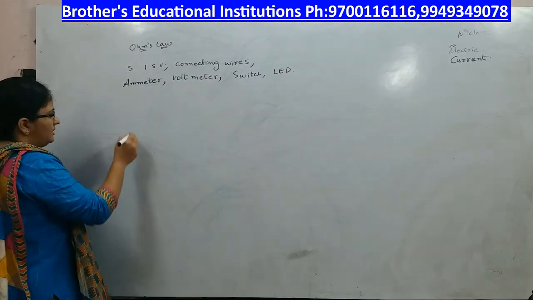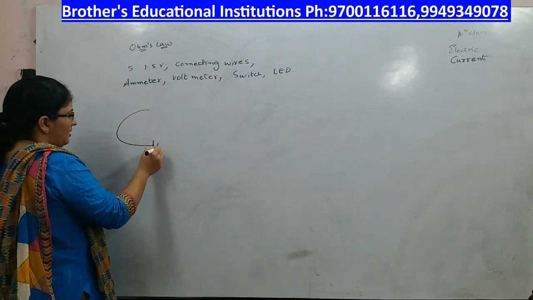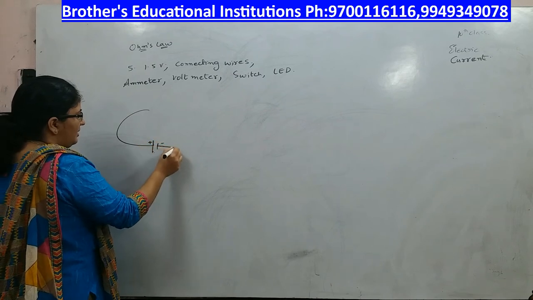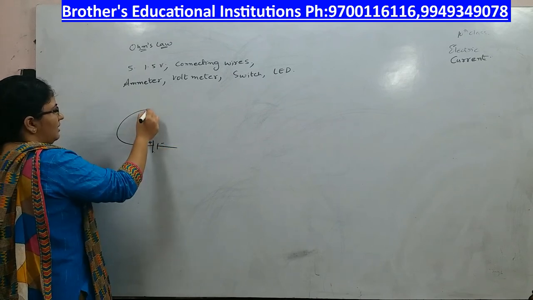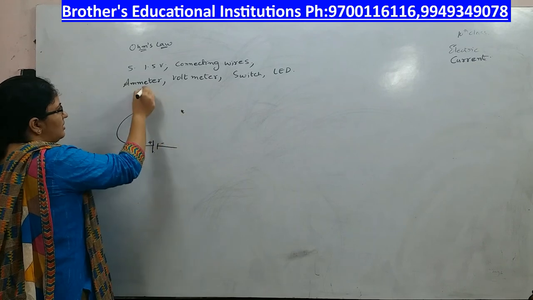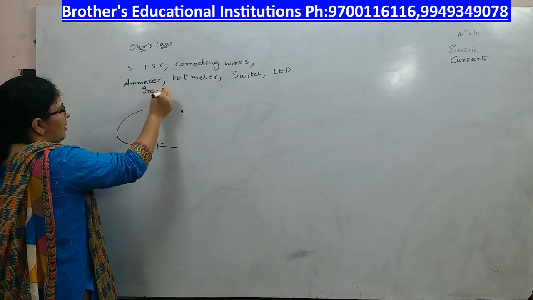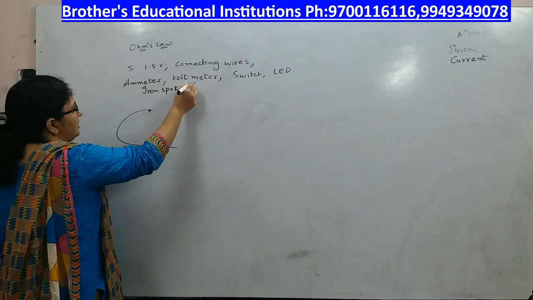What you will do is, you will connect first one single cell. You also need an iron spoke of length 10 centimeters.